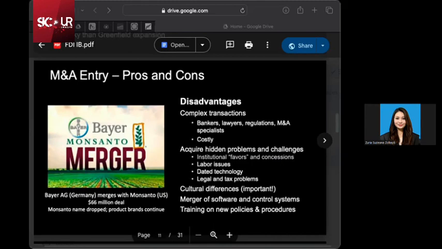So the new owner wants to set up a new vision, a new strategy, a different way of doing their work. So you have to send employees for training on the procedures, processes, or even another work policy. So you have to send your employees for training.